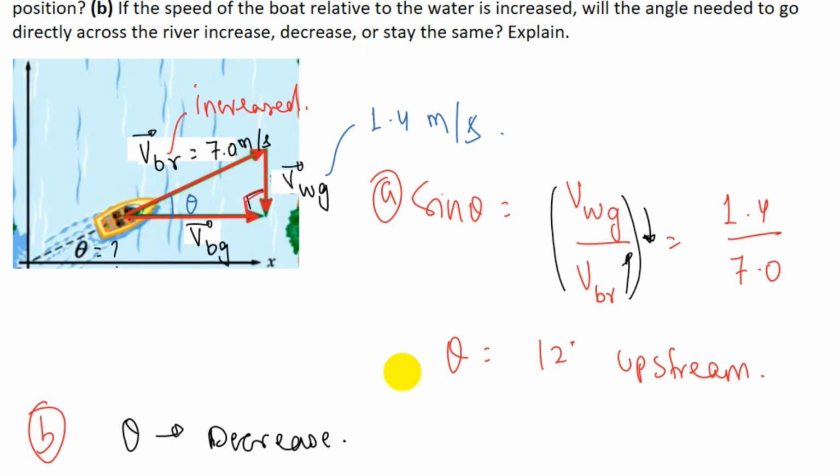Now this we have proved mathematically, but if you see it conceptually, if the speed of the boat is increased, then it should make its heading more downstream in order that its y component remains 1.4 meter per second and it still lands directly across the river from its starting point. Therefore theta should decrease. So this is conceptually, and I have proved it mathematically also.